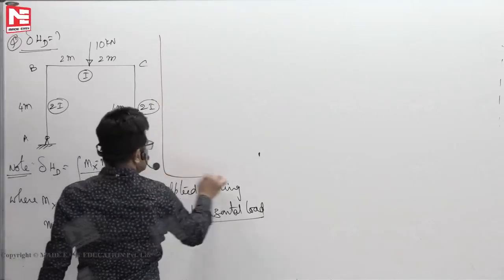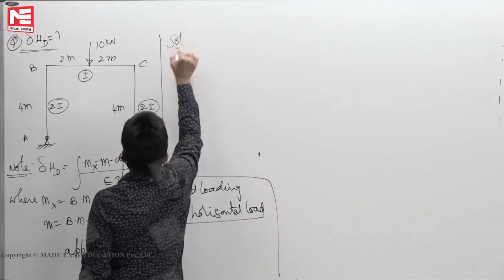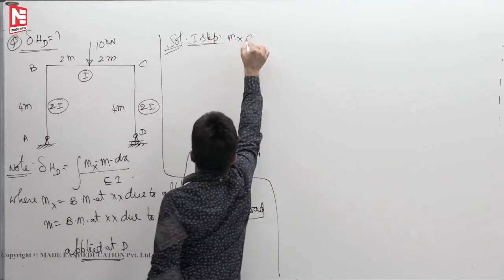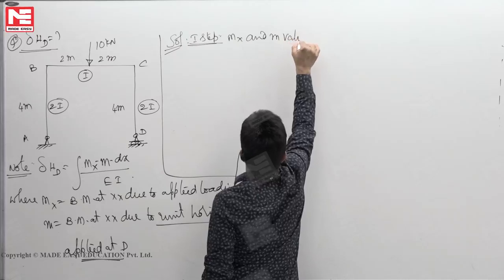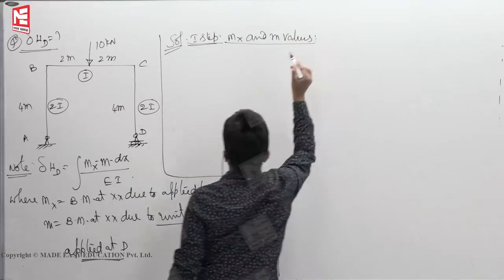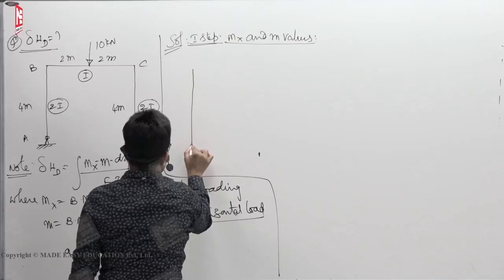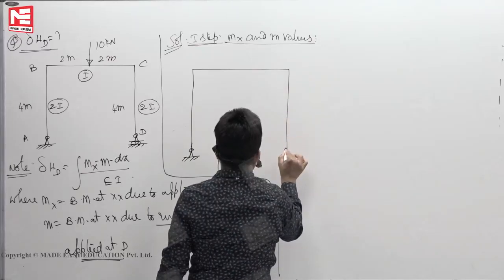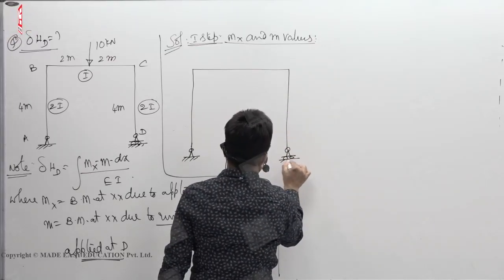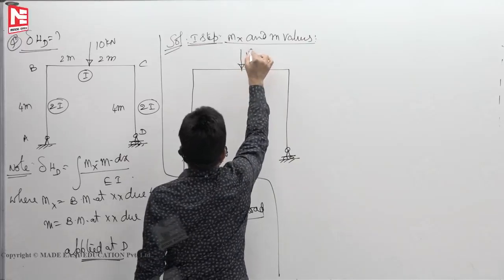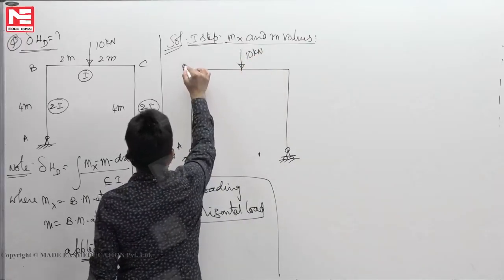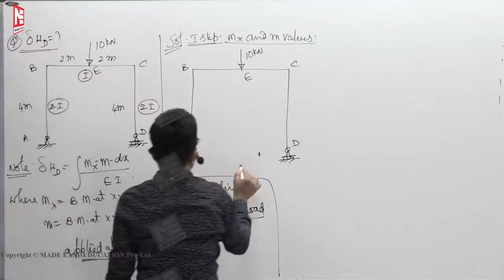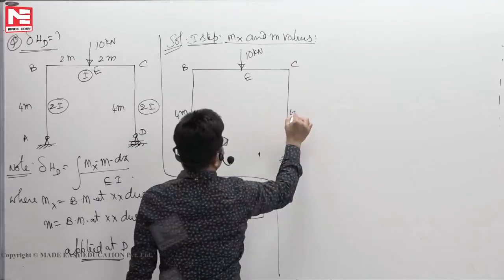Now you see, this is how you have to manage. First step, Mx and m values. Now you take the same beam, this load is 10 kilonewton, this is A, B, C, D. This point let us say E, you take it, E, 4, 4.